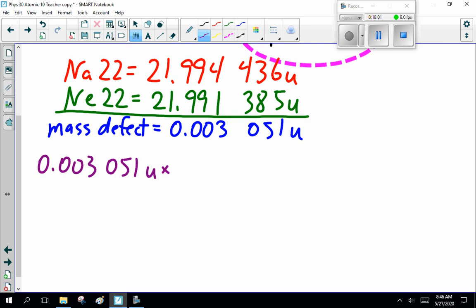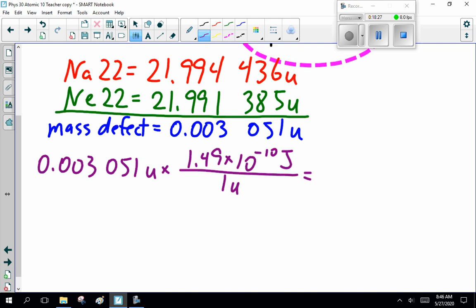times, now, going directly to joules, 1.49 times 10 to the minus 10 of a joule is 1 atomic mass unit. Doing it this way so that I don't have to bother going to mega electron volts and then electron volts and all that. Now, 3051.